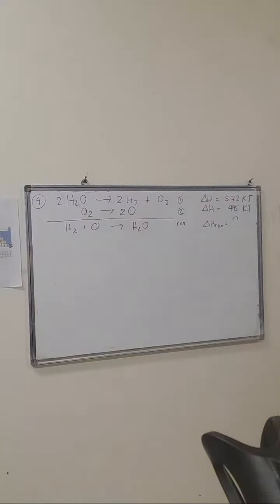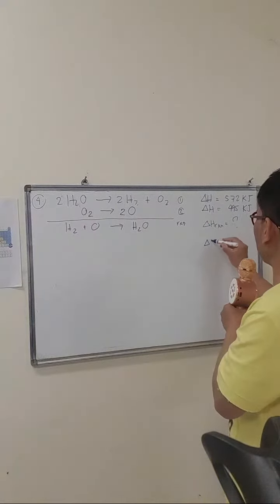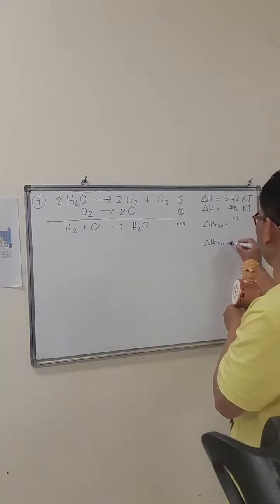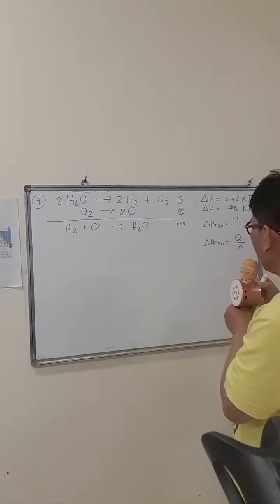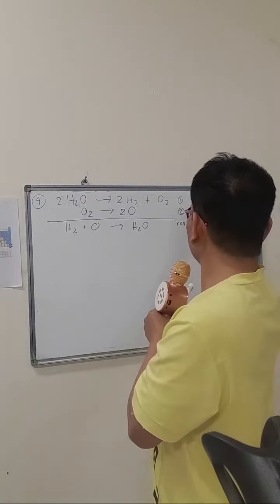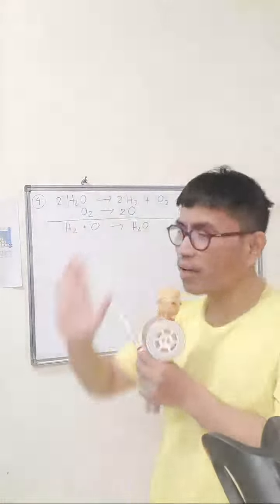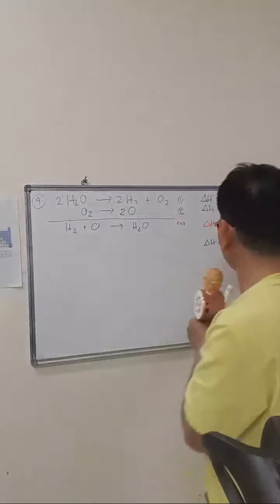So we cannot use the standard formula delta H reaction or Q over n. Why? Because this is intended for individual equation 1, equation 2. This is the overall chemical reaction.